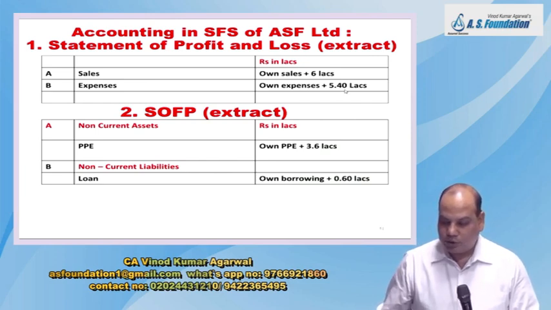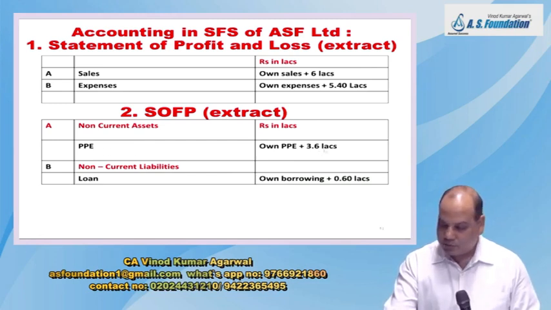Then write down point 2, SOFP extract, statement of financial position. In property, plant, equipment, there is a machine which they have acquired for manufacturing of goods. So our share in the asset, 60% of 6, is 3.6 lakh.